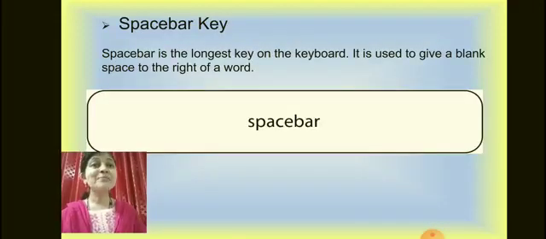Next key. What is this? Space bar key. Space means what? You are having some space to sit, isn't it? When you are sitting with your friends, you will say, please give me a little bit of space to sit. That is that space. In the keyboard, there is a long key.